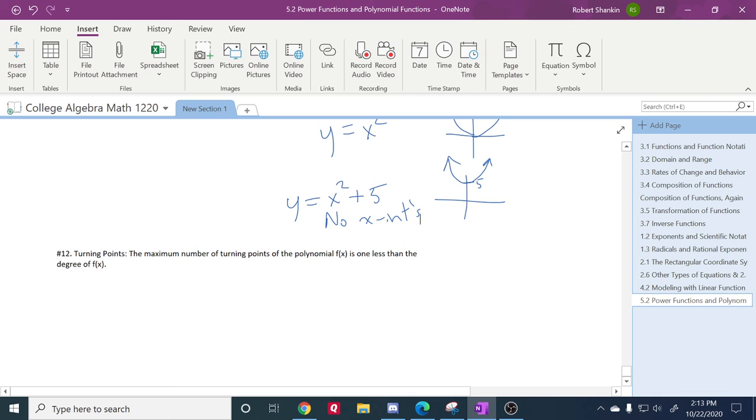Turning points. The maximum number of turning points of a polynomial is 1 less than the degree of the polynomial. Let me show you. F of x equals x squared.